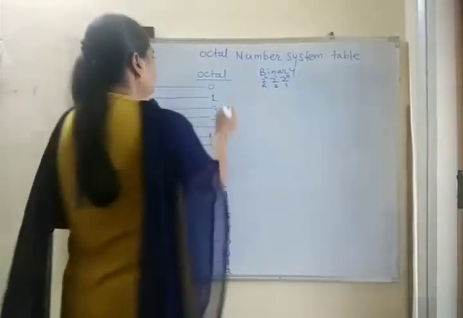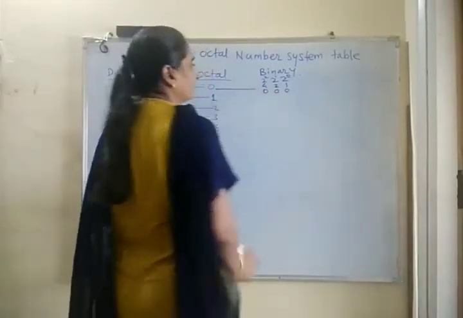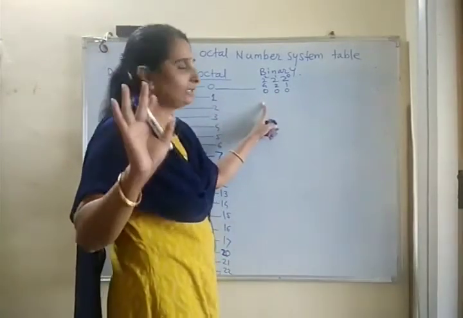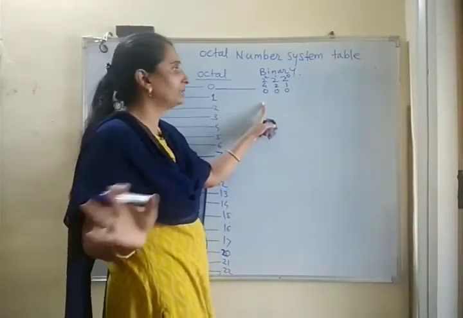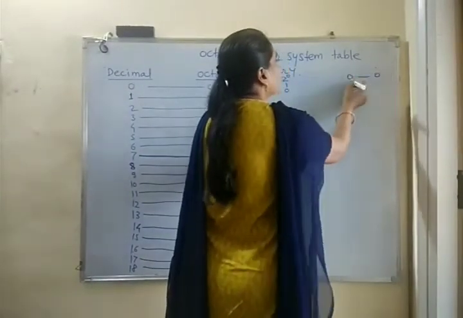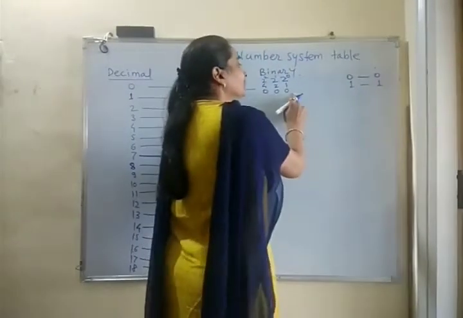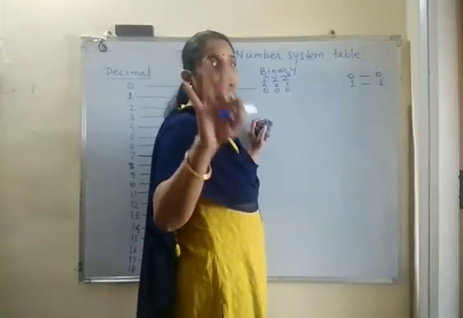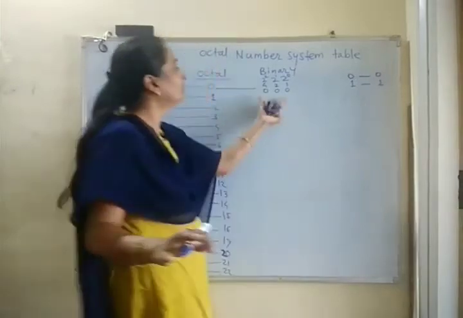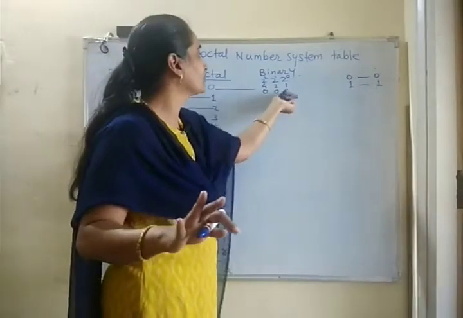Now how to represent 0? In decimal to binary conversion, 0 is represented as 0, 1 is represented as 1. But here this 0 is represented in a 3-bit binary combination, so you have to write 3 binary bits as 0 0 0.